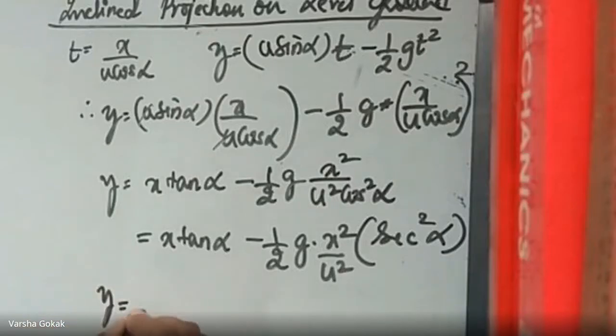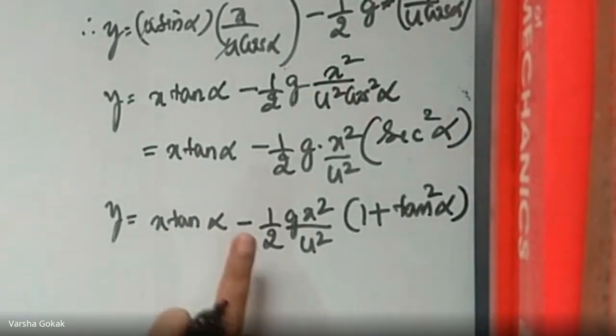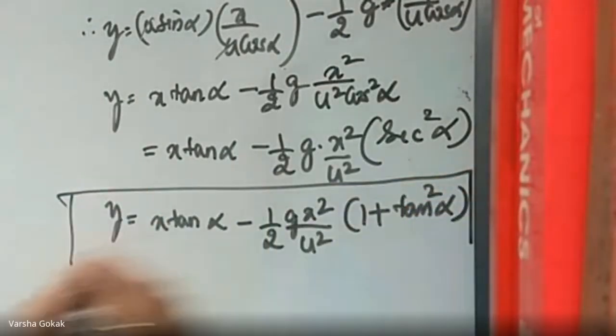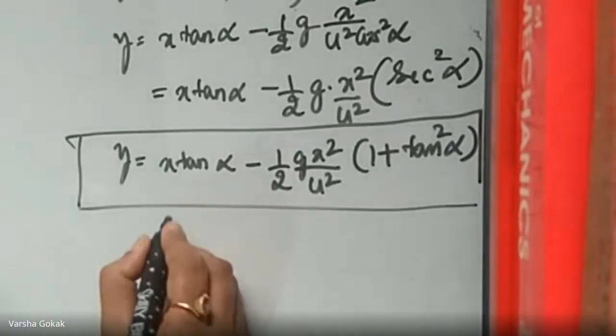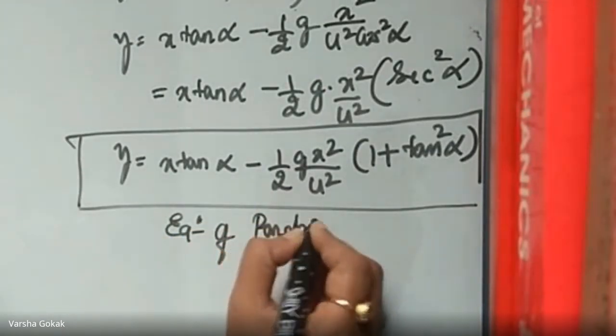So y equal to x tan alpha minus half g x square divided by u square into 1 plus tan square alpha. This is your final equation, which is called the equation of parabola.